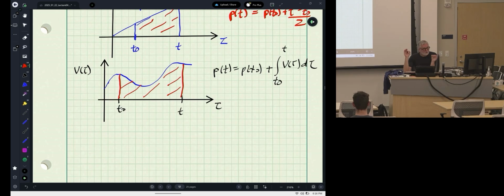Now, the problem with being an engineer is that you don't live in the perfect world of mathematicians where everything is precise, clean, and known. The problem with an accelerometer is 0 is really hard to measure.